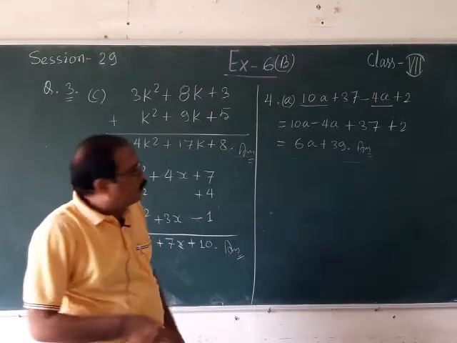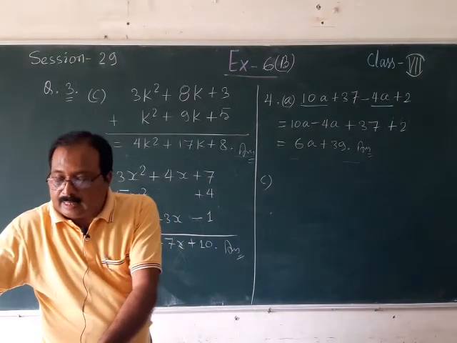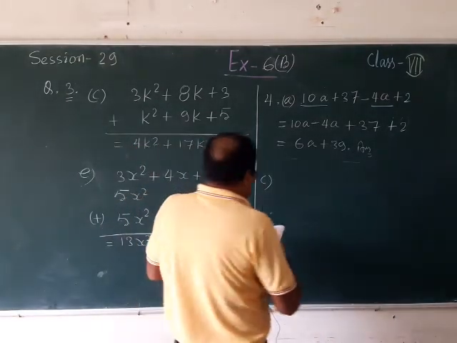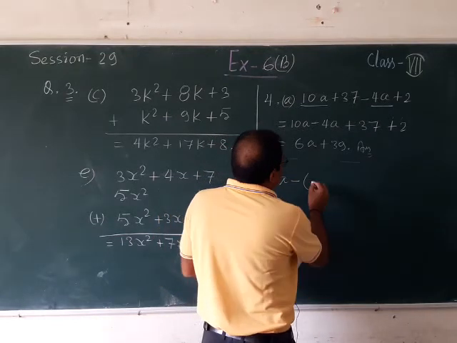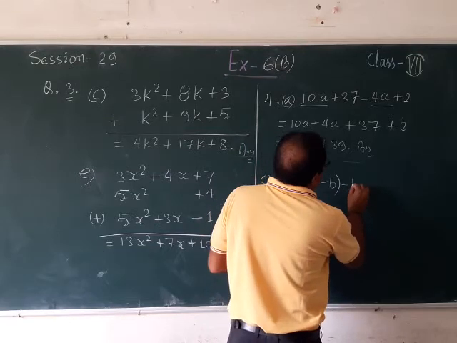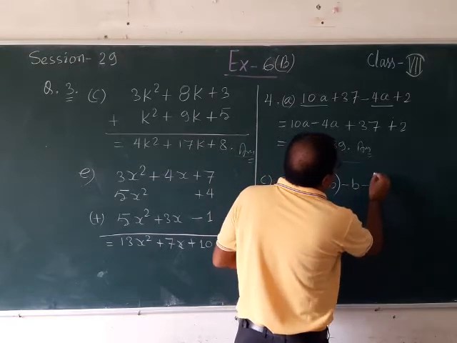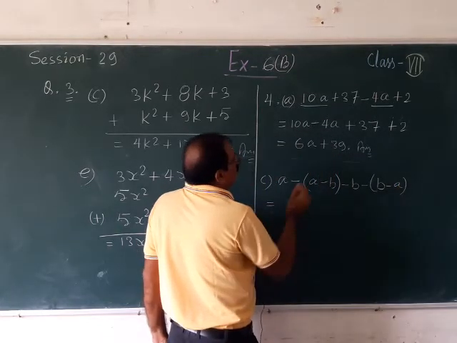Further, next question. This time I am taking one more question, 4c, and here the question is a minus b, then a minus b, then minus b minus a. Now what to do? First of all, remove the bracket.